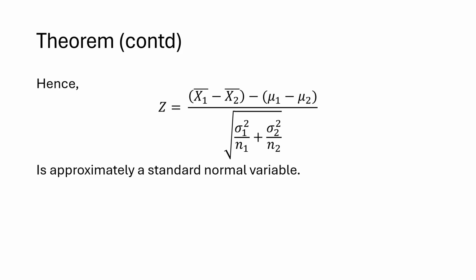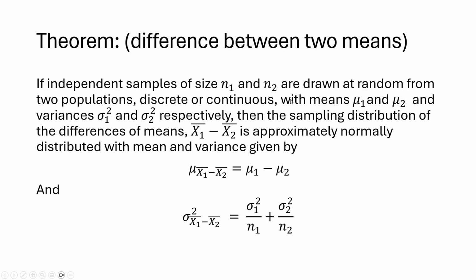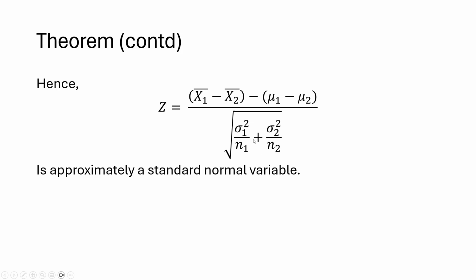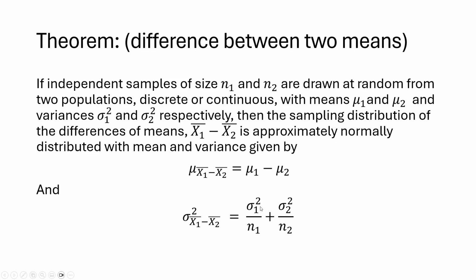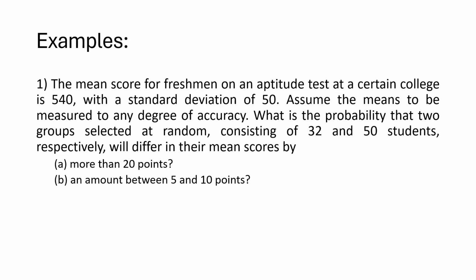If you notice, the numerator expression is nothing but the mean of the difference, and the denominator is nothing but the standard deviation of the difference. That's what I had written here. So let us see a problem on this now.